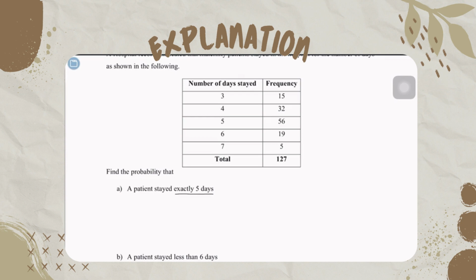The formula for the probability of x is frequency divided by n, where n is the total of the frequencies, which is 127, and f is the frequency.